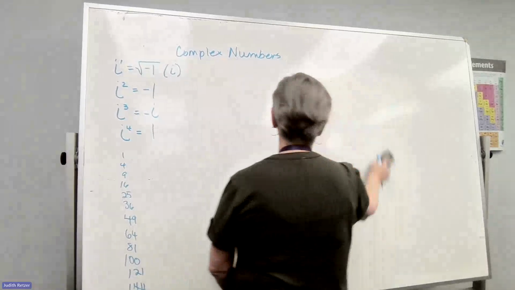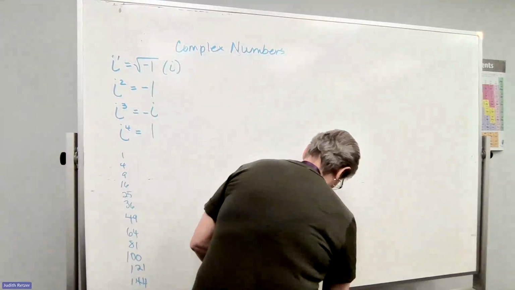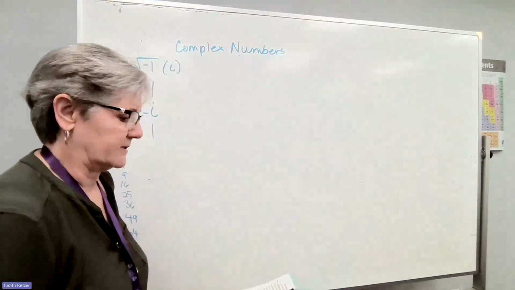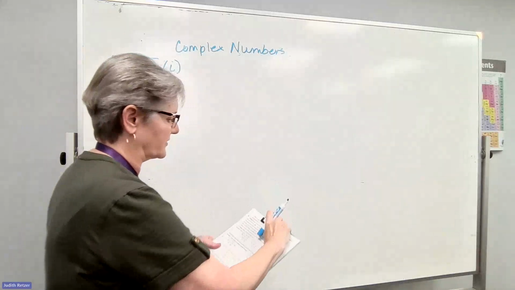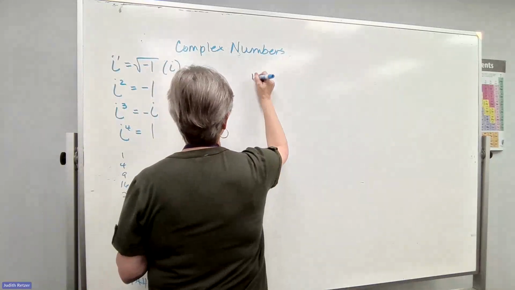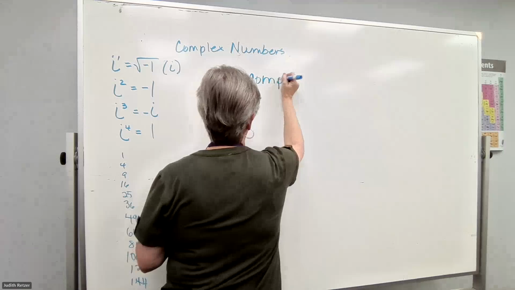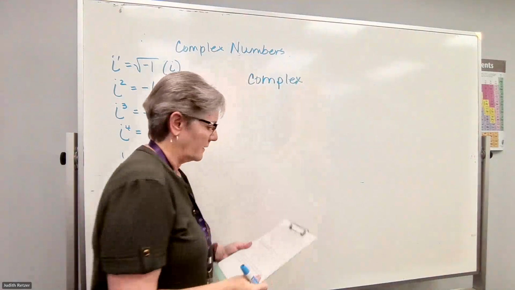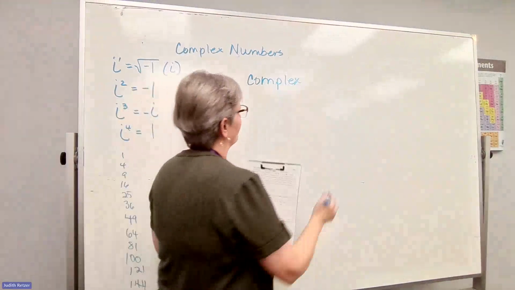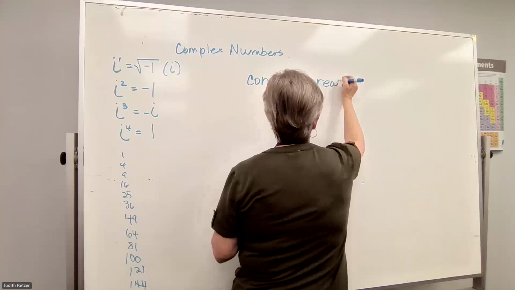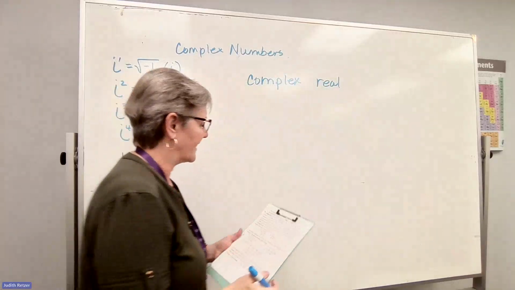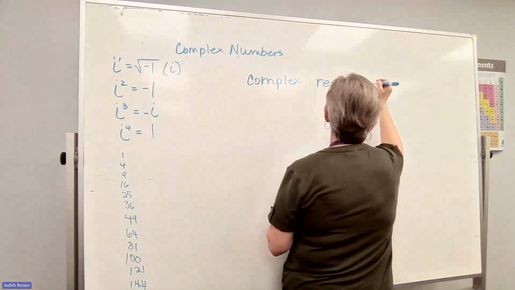Okay, moving on to complex numbers. Other operations with complex numbers. A complex number combines a real component with an imaginary component.